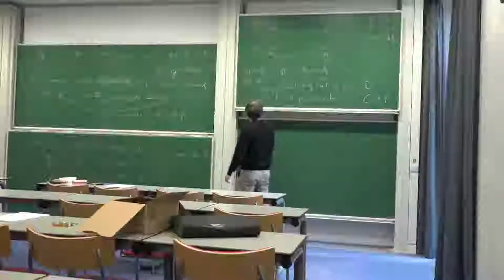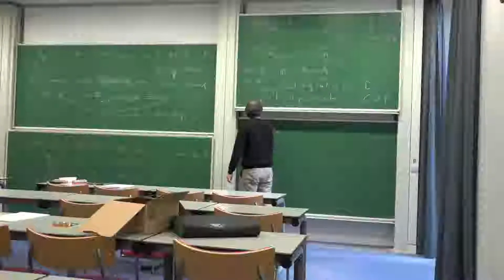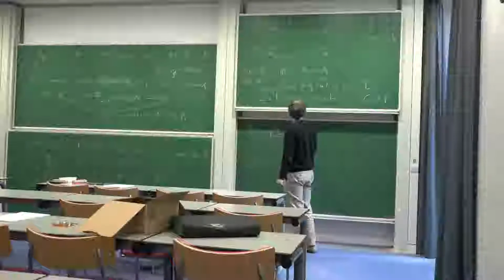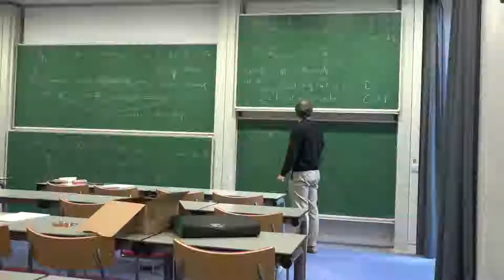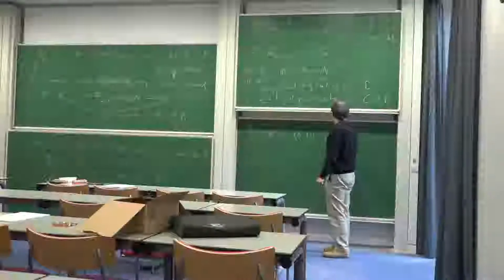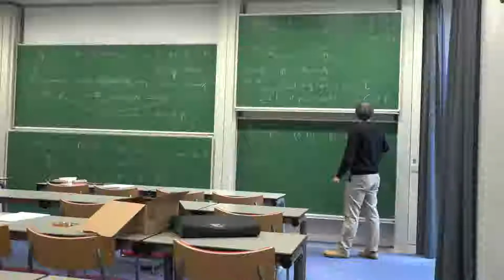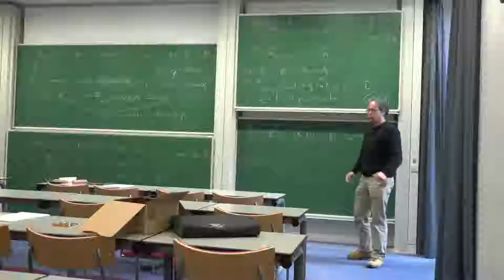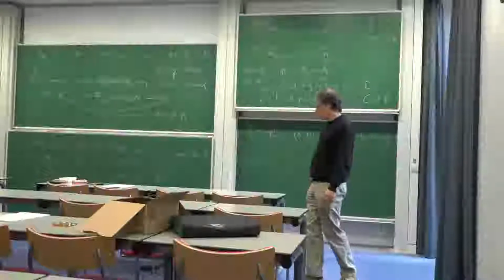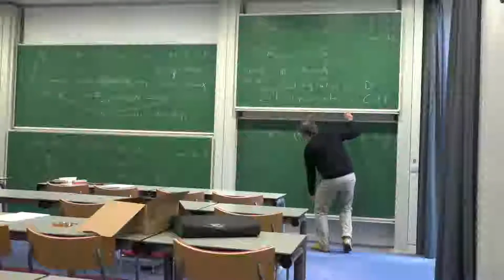Okay, so let's go to an example I promised last time. This is the example where our target X, D is P2, with respect to the normal crossings divisor given by, say, the coordinate lines, three lines in P2 forming a triangle.